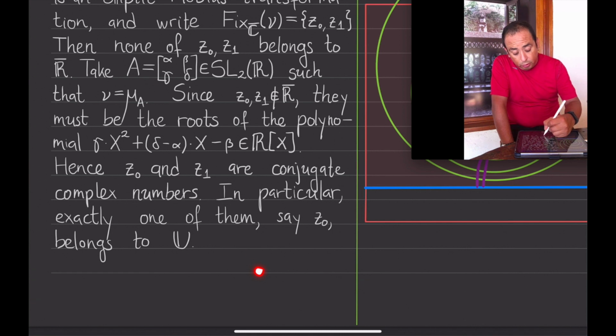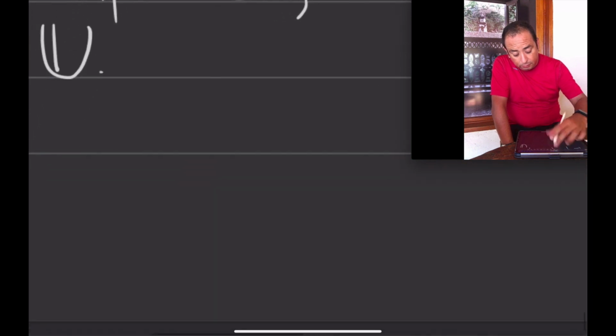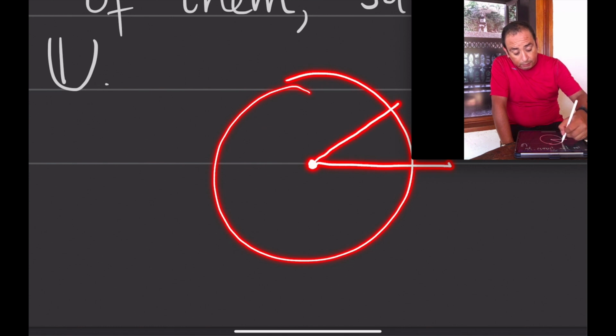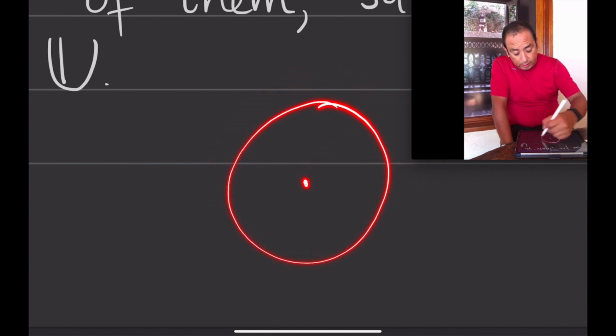No matter how small a neighborhood of 0 you take, if you take a segment of a straight line passing through the origin, its image is not stable under an elliptic transformation.